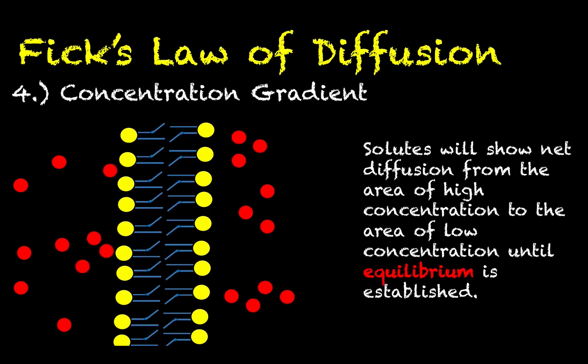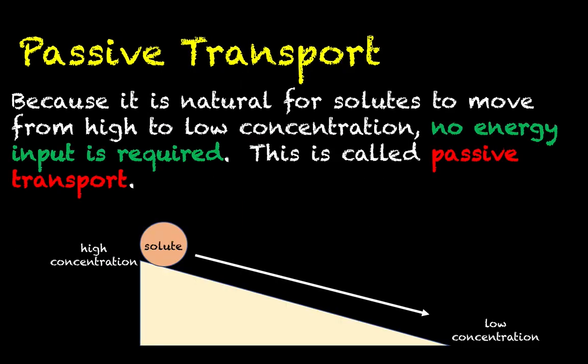The net movement is from left to right, but there will be a handful of molecules that move from right to left. But once we establish equilibrium here, as you can see, in which now both sides of the membrane have an equal concentration of this solute, now the net diffusion is going to be zero, meaning the number of molecules that move from left to right will equal the number of molecules moving from right to left.